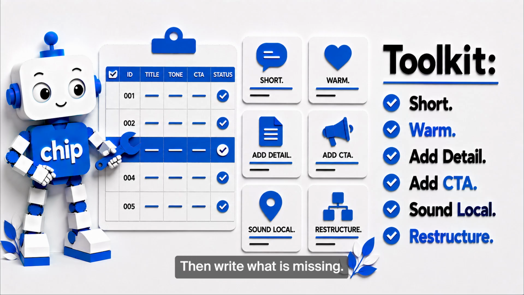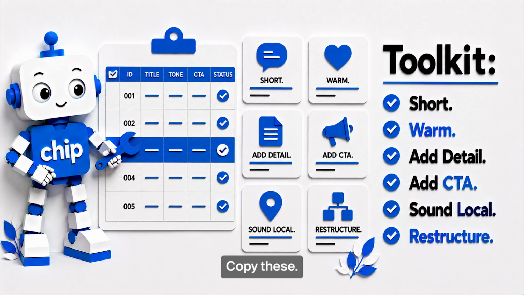Then write what is missing. No call to action, type, end each message with a clear call to action. Sounds too generic, type, rewrite this to sound like it is from a Surat-based sari trader, not a global company. Wrong structure, type, restructure this as a numbered list with one short intro line.